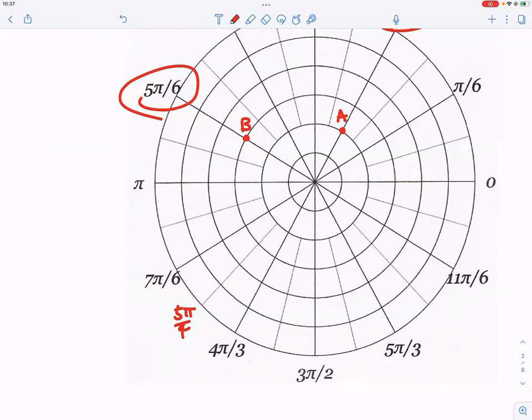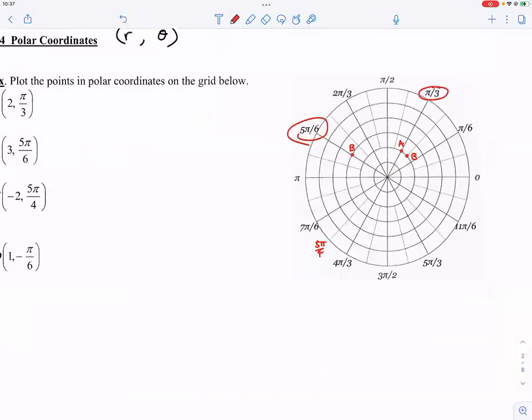Now if it's 2, it'll be in quadrant 3, right? But because it's -2, you walk the opposite direction. So it'll be in quadrant 1. Okay, that's point C.